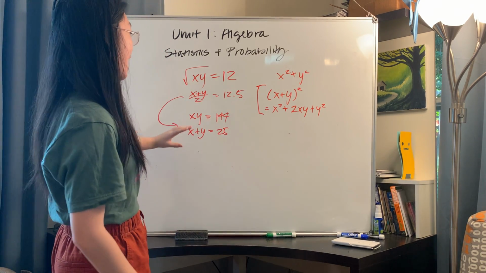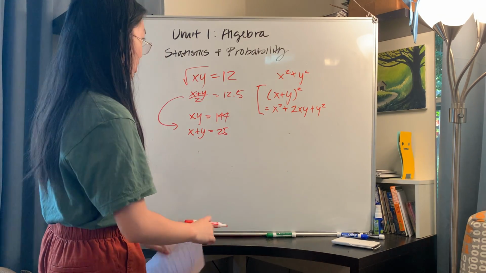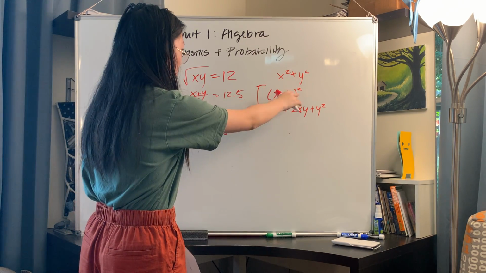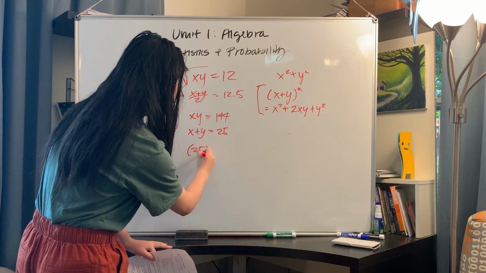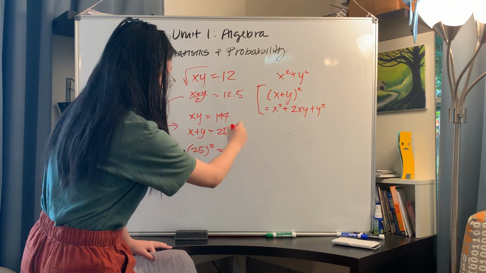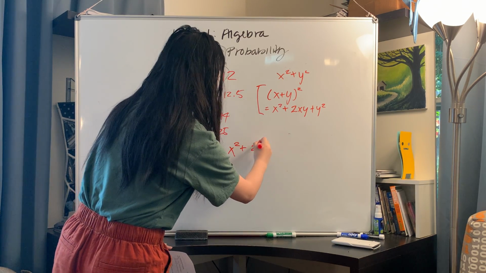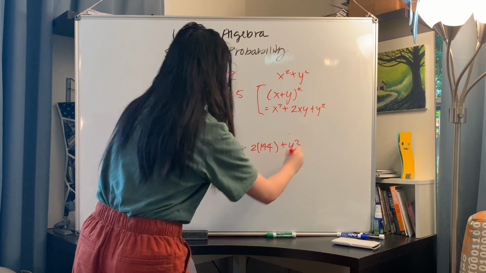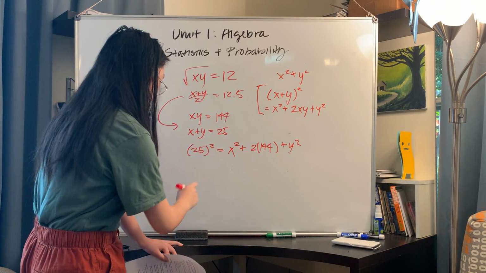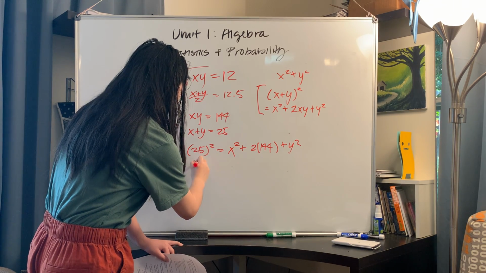Alright, so we have enough information to figure out what x² + y² is. (x + y)², well, that's equal to 25². And that's supposed to be equal to x² + 2 times xy, which is 2 times 144, plus y². And then 25² is, I believe, 625.